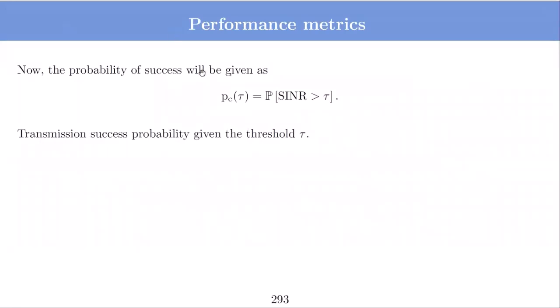So the probability of success is the probability that the SINR of a typical receiver is more than the threshold. This is also known as the transmission success probability given the threshold. That will be our prime focus first. We will compute this in terms of the density and the distance r.